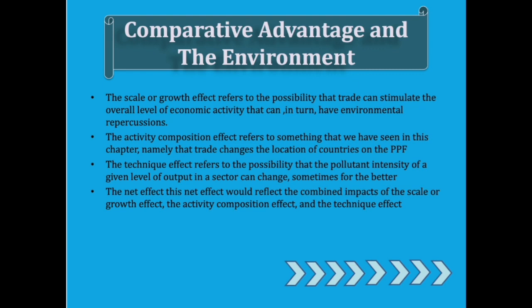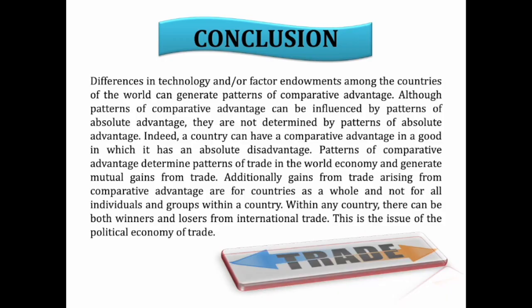This net effect would reflect the combined impacts of the scale or growth effect, the activity composition effect, and the technique effect. So basically, the net effect is the combination of those three effects that I already explained before. And now we are on the last part of our slide.